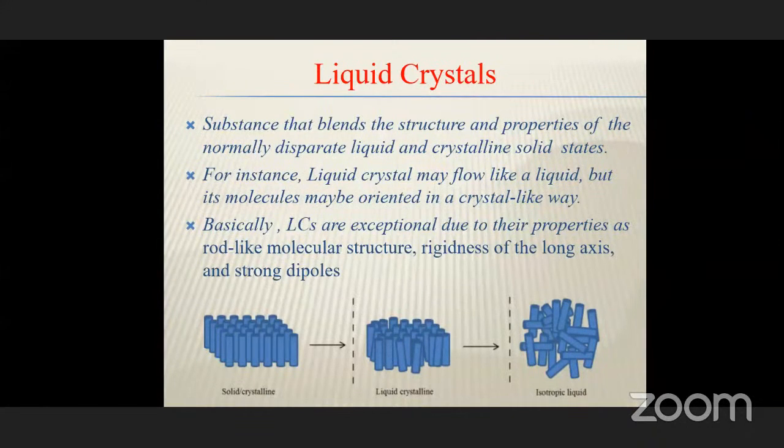In the solid state, there is a particular anisotropy, and if we talk about the liquid material, it has certain properties, for example drop formation, viscosity, and so on. But the liquid crystal state is an intermediate state between the solid and isotropic liquid states.